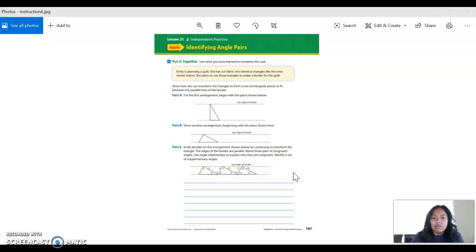Then use the angle relationships to explain how you know that they're congruent. That's the second question. Then identify a set of supplementary angles. Which 2 angles do you know are supplementary? So there are 3 questions in this one problem, which is why they give you quite a bit of space to work this out.